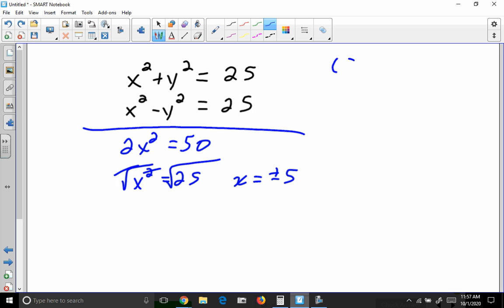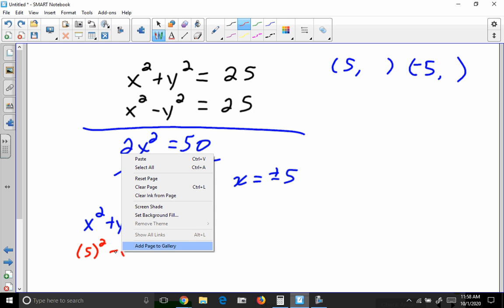So we're going to have at least one answer when x is 5, and at least one answer when x is negative 5. So to find out what that answer is, we're going to plug 5 in for x in either equation. I'm going to take the top one. Doesn't matter. And I'm going to replace x with a positive 5 and see what happens.